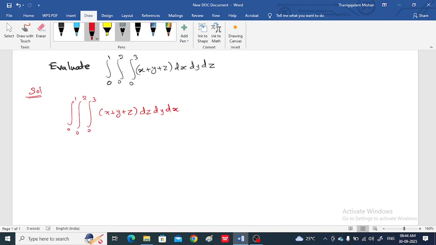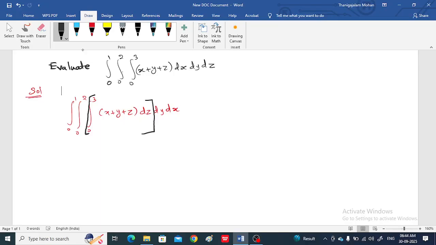What it means is that this integral value can be found by this approach first. 0 to 3 is the limit of z.